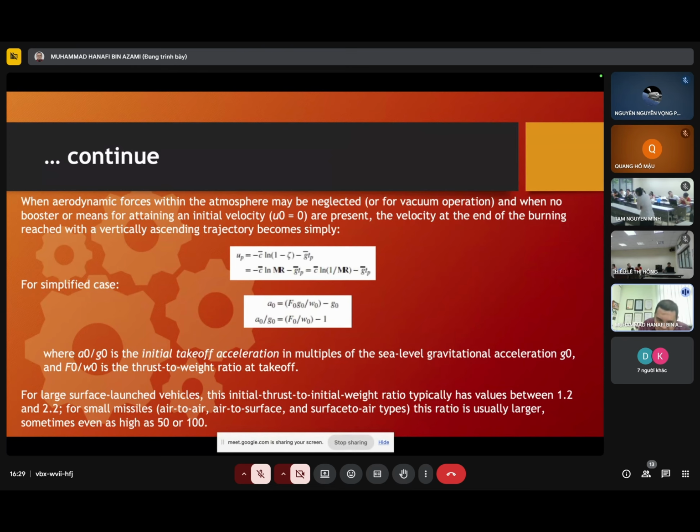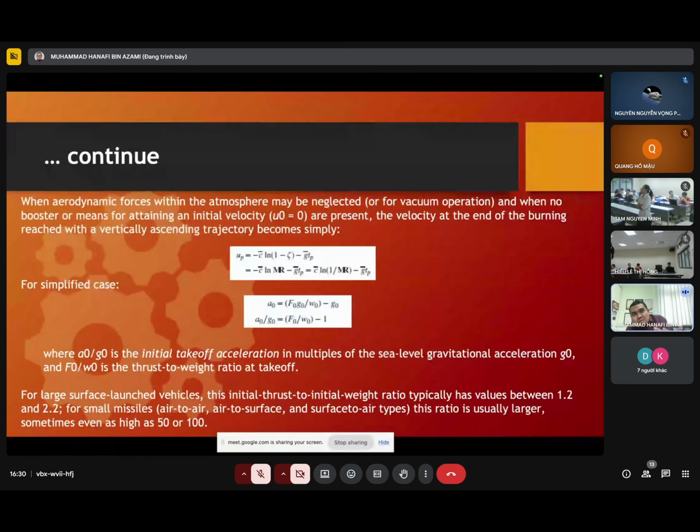the initial thrust to weight ratio is usually small, between 1.2 and 2.2. What do you mean by 1.2 or 2.2? Let's take 1.2. It means the thrust is only 20% more than the weight.